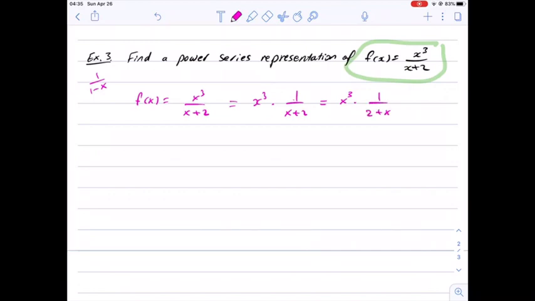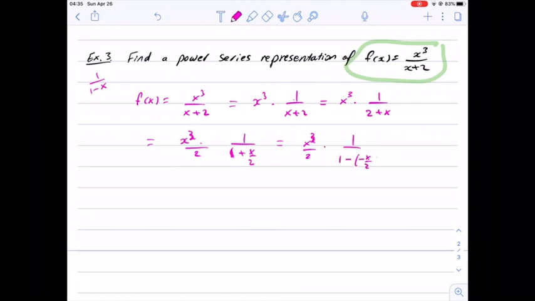So we can write 2 plus x, and then we take 2 as a common factor, and we are left with 1 plus x over 2, and then we can write this as 1 minus negative x over 2. We have a similar situation as before.